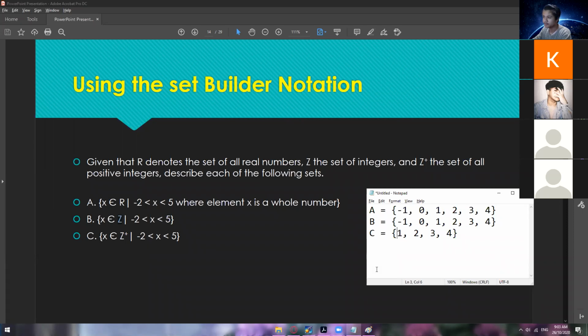Isasama or hindi? Sama na lang, sir. So 0 is considered positive. Yes, sir. So agree ba kayong lahat? So majority vote tayo. Or 0 is neither positive nor negative.